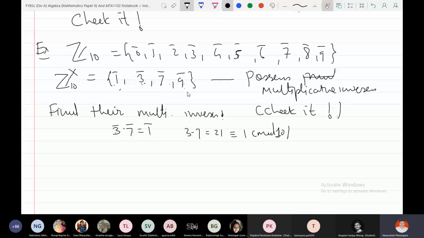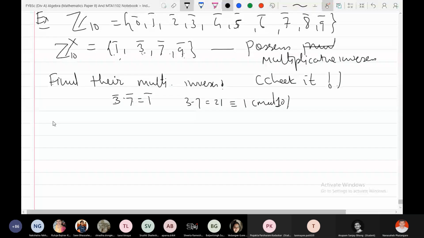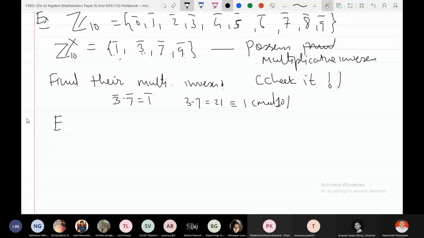You check this. This is a very interesting thing, and it has a lot of significance in very practical applications, so later on you may understand it. If you want to read more about it, you can read the book Elementary Number Theory by David Burton.